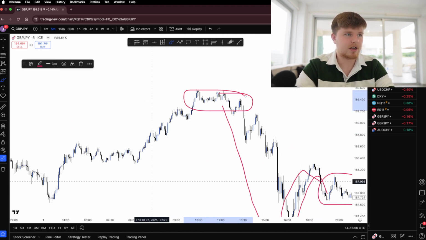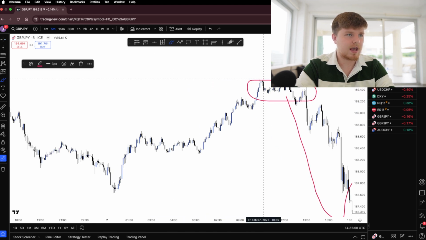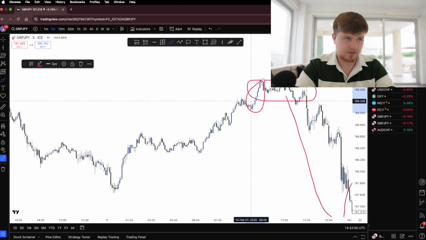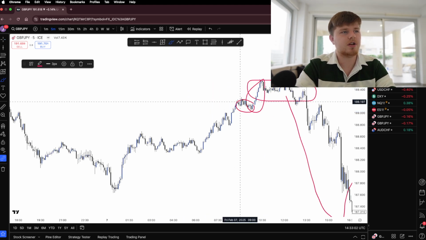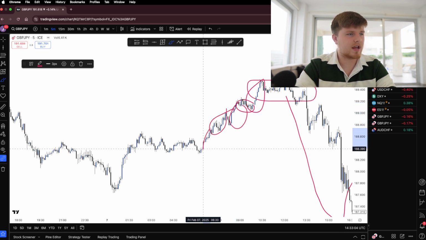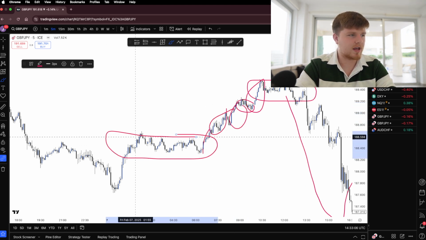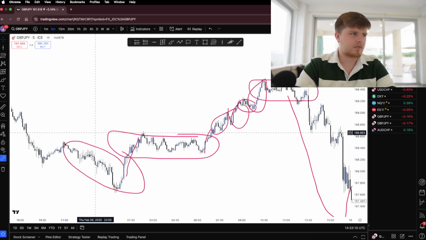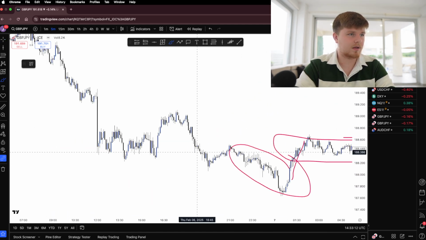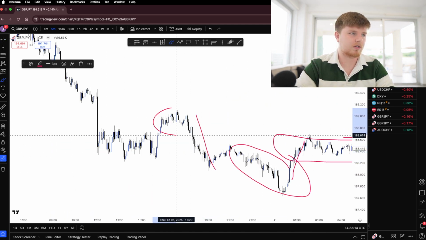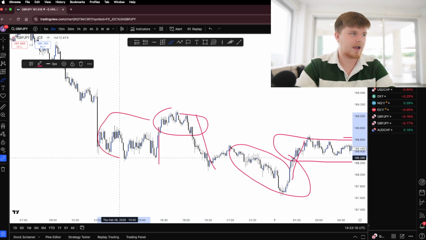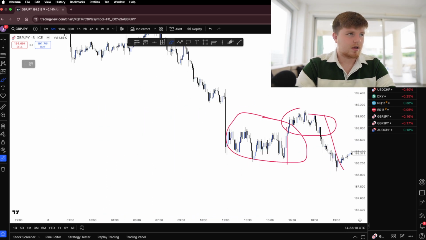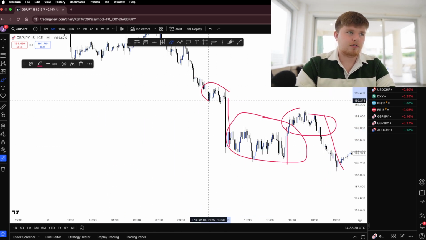A consolidation. What happened before the consolidation? A big move up. What happened before that big move up? A consolidation, a big move up, a consolidation, a big move up, a consolidation. After a big move down, after a consolidation, after a big move up, after a consolidation, after a big move down, after a consolidation, okay?